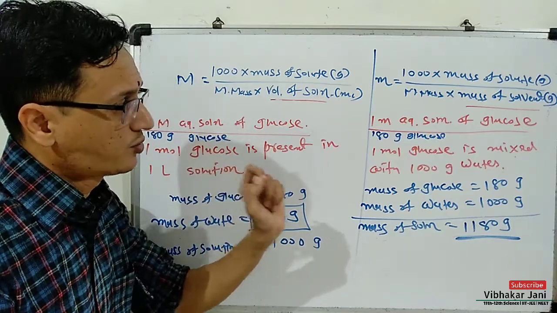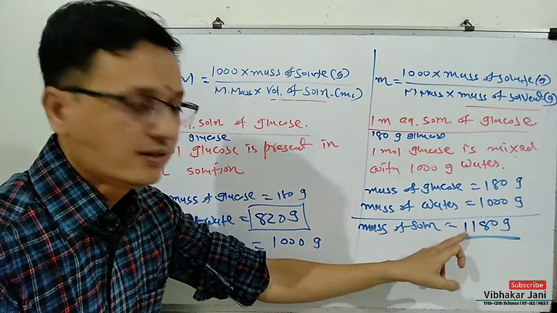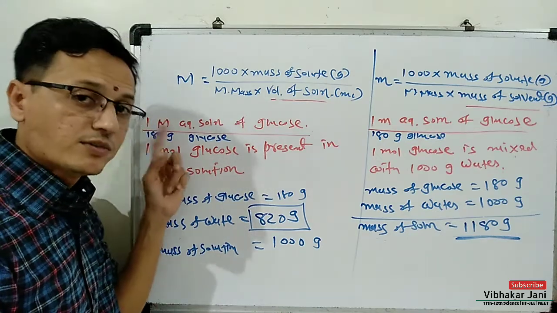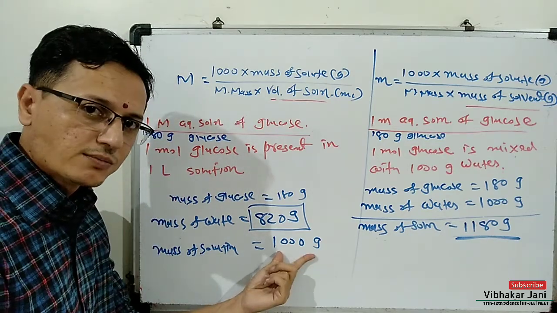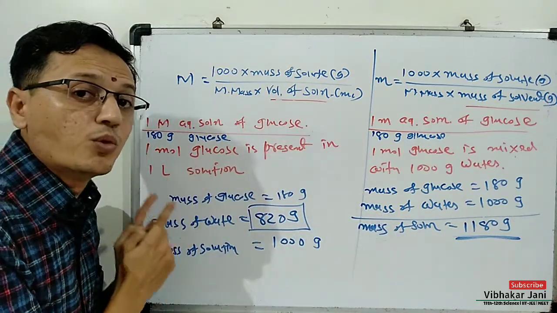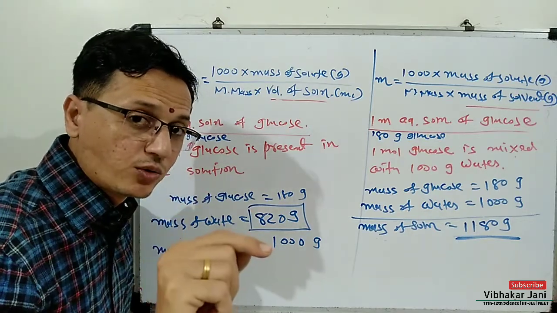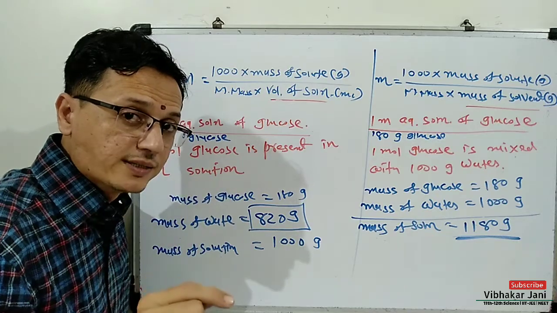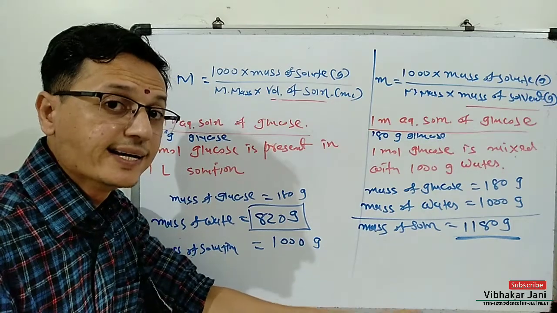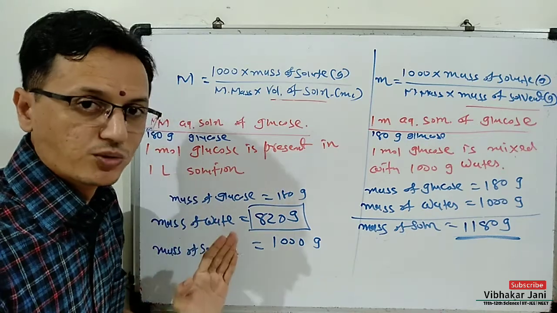The mass of solution of 1 molal aqueous solution of glucose is 1180 gram, while the total mass of 1 molar aqueous solution of glucose is 1000 gram. So obviously 1 molal solution is heavier than 1 molar aqueous solution. This is a very important point. Write it down in your notebook: 1 molal aqueous solution is heavier than 1 molar aqueous solution.